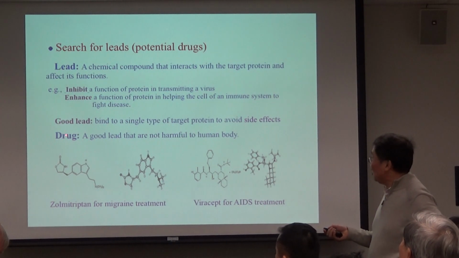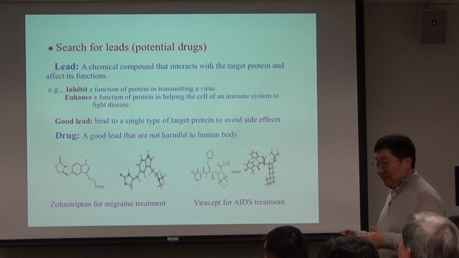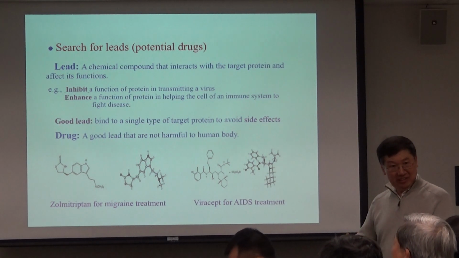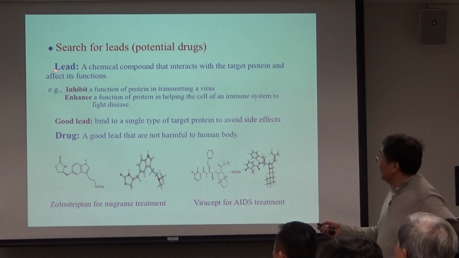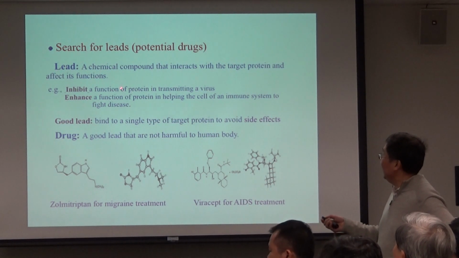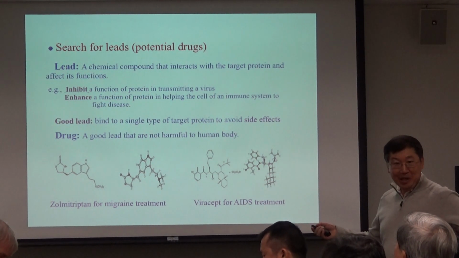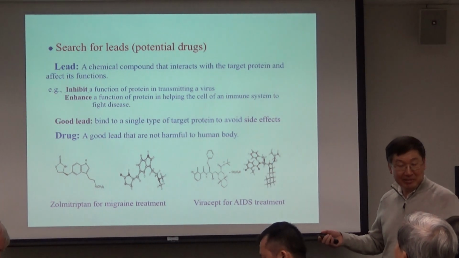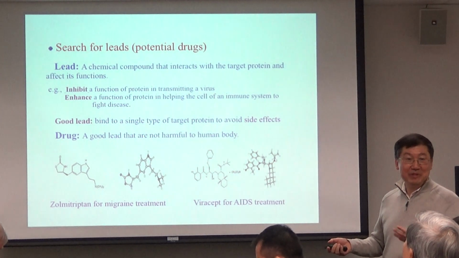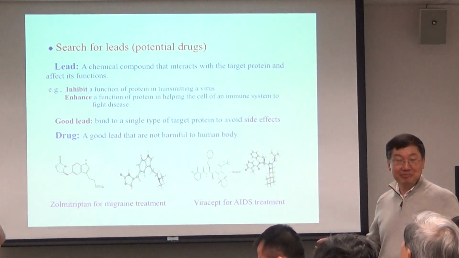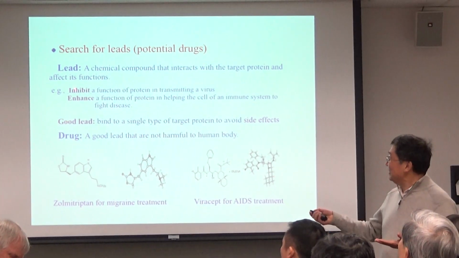So what is called a drug? A drug is some lead that people can take, that is not harmful to humans. The lead can play roles, like the inhibitor role or the enhancer role, to the protein, so they can cure the disease. But a lead may not be a drug because it may hurt people if you take it. So that's the drug and the lead.